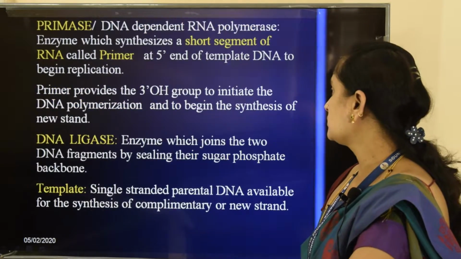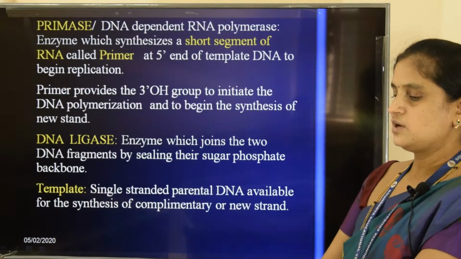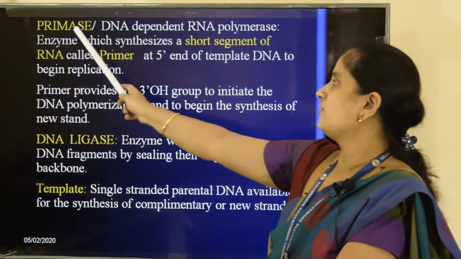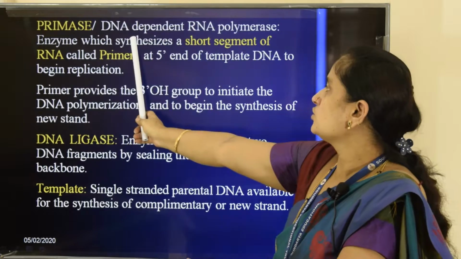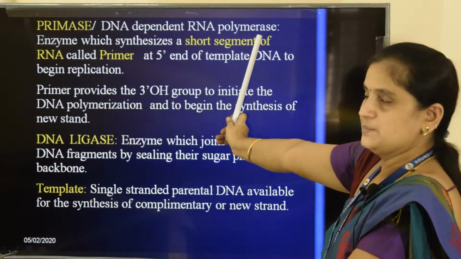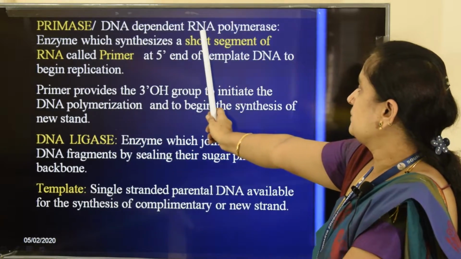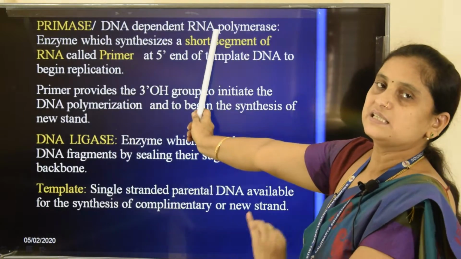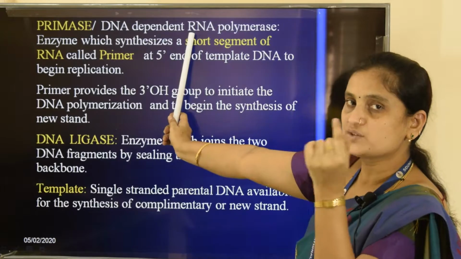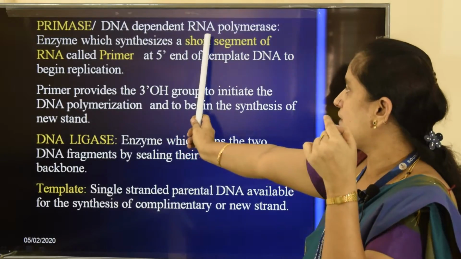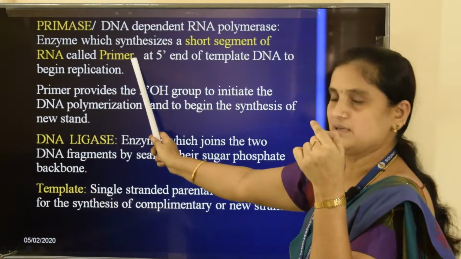Now we shall move on to another requirement. As I mentioned, the third category of enzyme is primase. Primase is also known as RNA polymerase. It synthesizes a short segment of RNA called a primer.